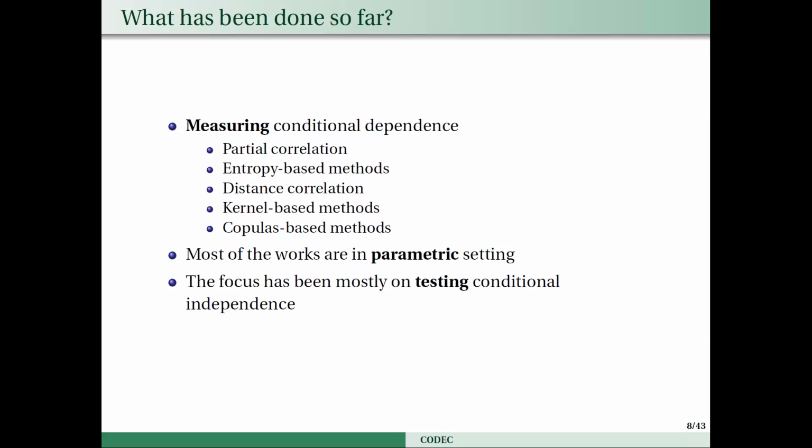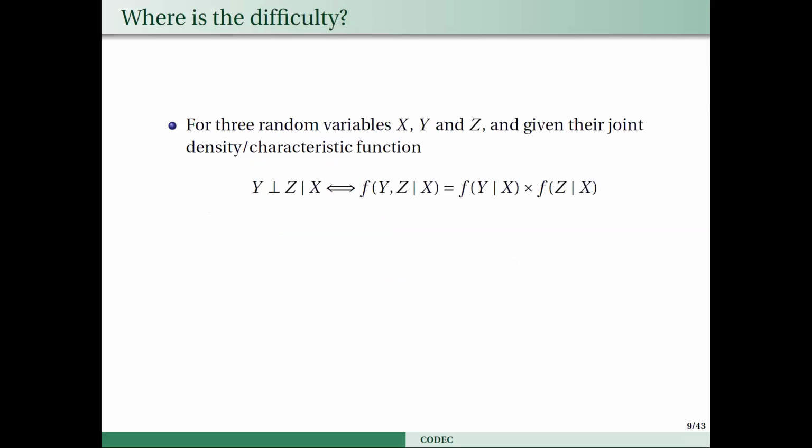Most of these works are in the parametric setting, and the focus mostly has been on conditional independence testing. So today, what I want to introduce to you is not really testing conditional independence, but how to measure conditional dependence.